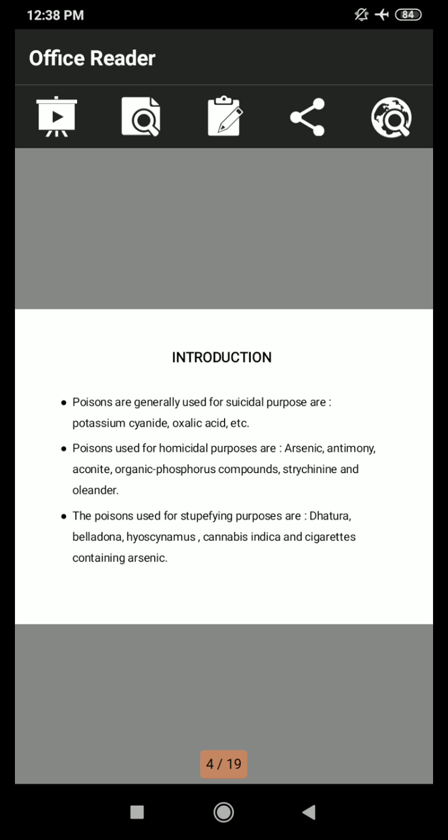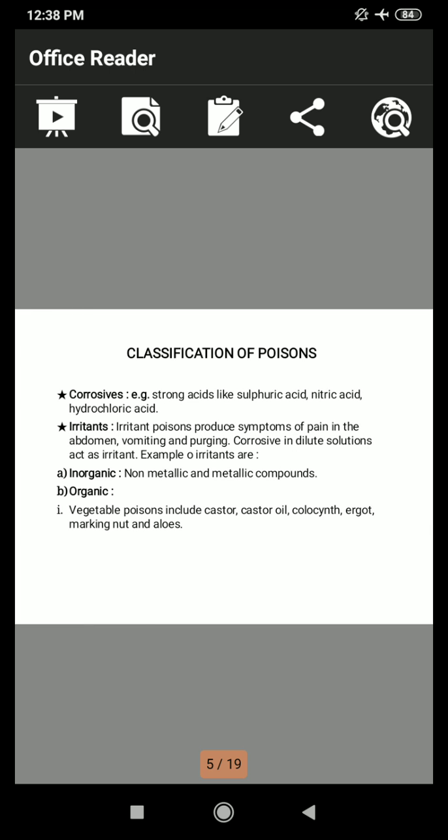Accidental poisoning commonly occurs as a result of carelessness with poisonous substances, and has been reported from the greater use of chemicals in industry and for household purposes. Then the classification of poison: corrosives, irritants, and neurotics.